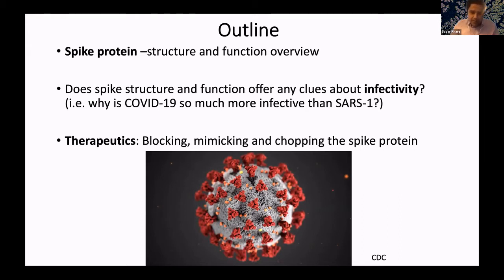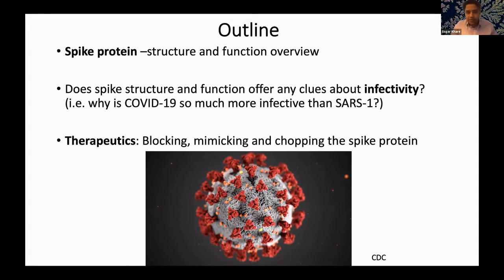Once we look at the structure and function of the spike, we'll consider what implications it may have for the infectivity of the virus. In other words, we'll try to understand if the spike structure and function contributes to the fact that COVID-19 seems to be so infective, especially compared to SARS-1, which is very closely related, but still this virus seems to be very different, as we heard in Steen's talk.